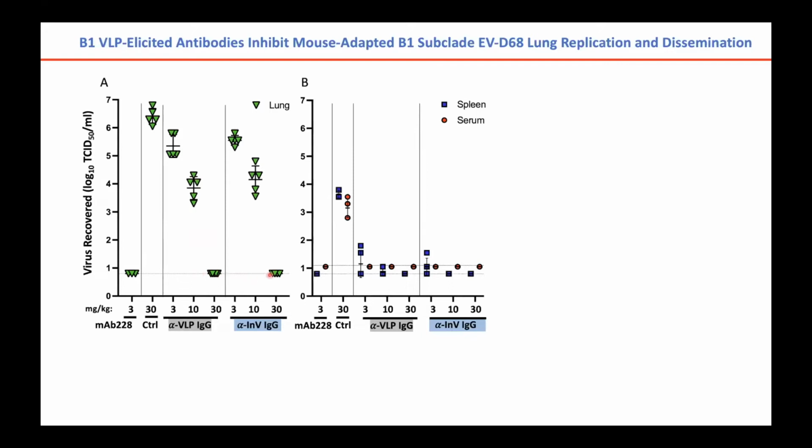And we see complete abrogation at 30 milligrams per kilogram in this study. We also saw very nice inhibition of dissemination with these two treatments, indicating, again, that the inactivated virus vaccine and the VLP vaccine are eliciting similar functional in vivo neutralizing antibody.